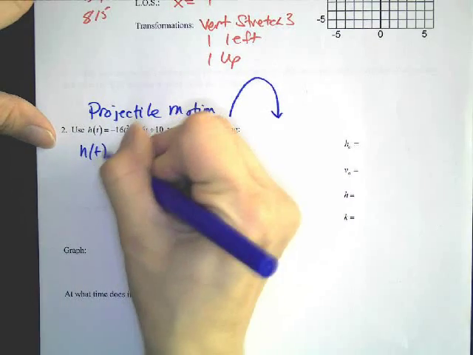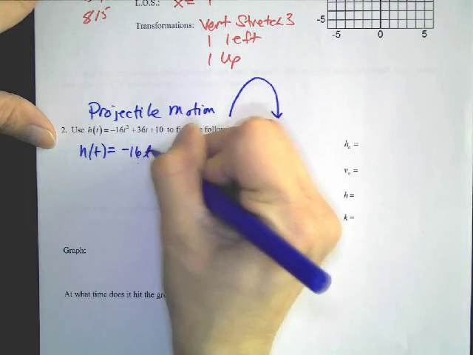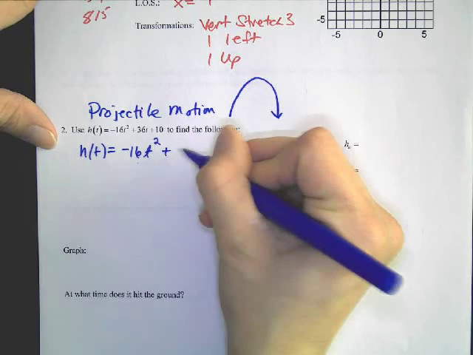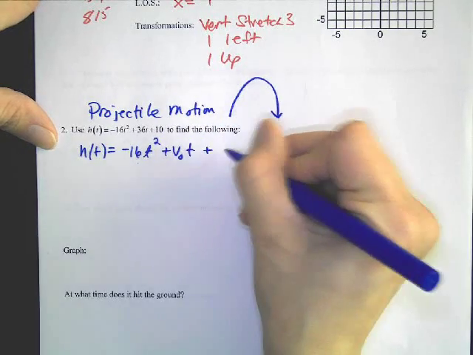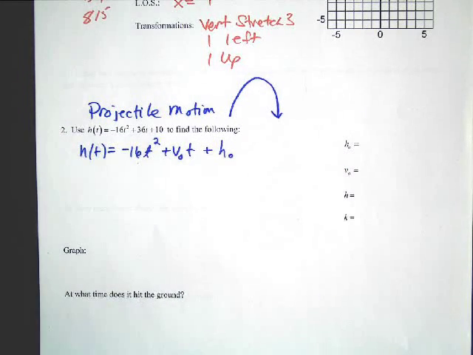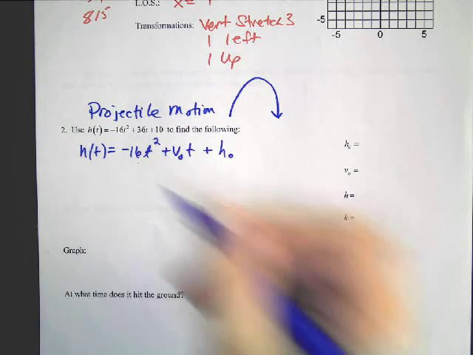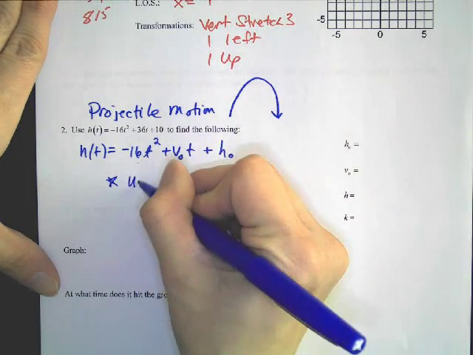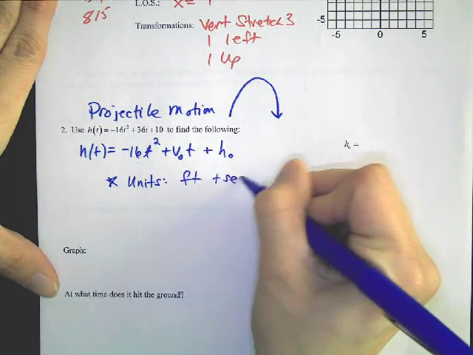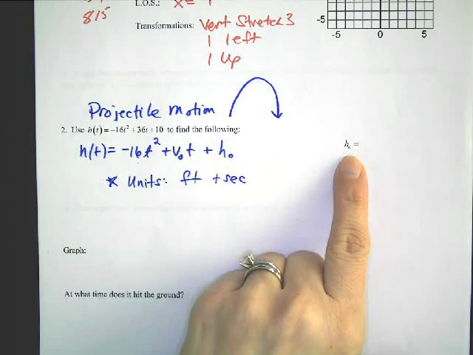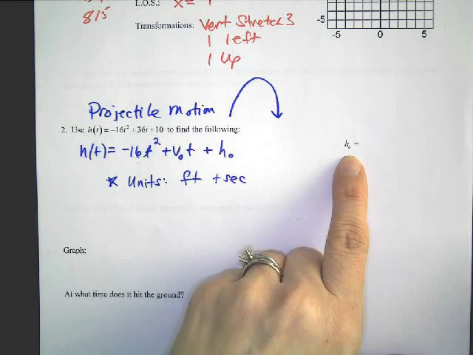The basic equation is -16t squared plus v naught t, initial velocity, plus h naught, initial height. Okay, and remember, for this equation, let's just remind people, units are feet and seconds.